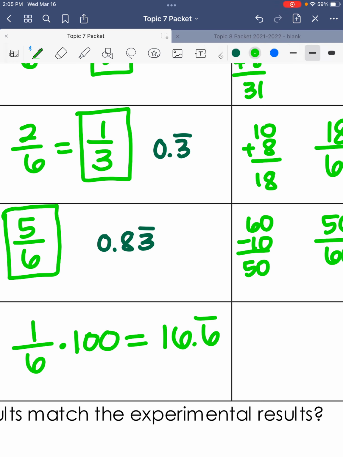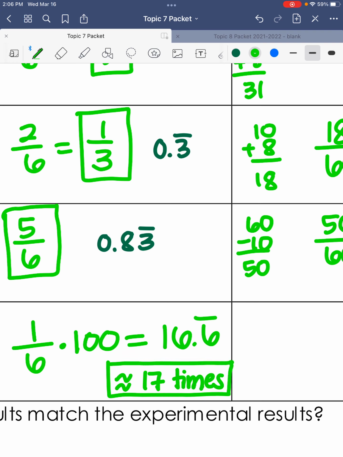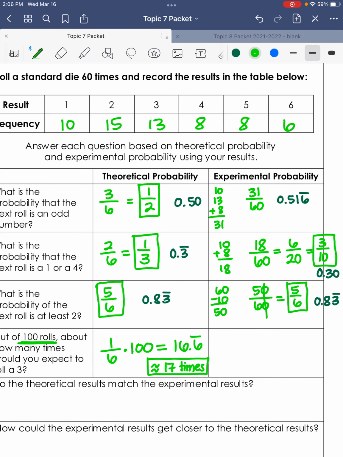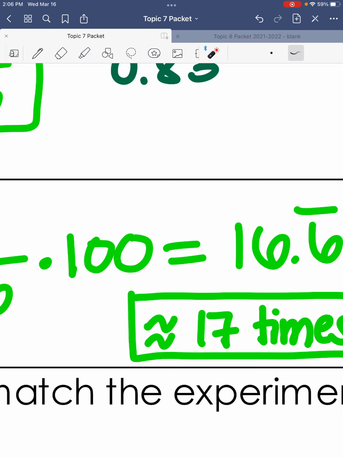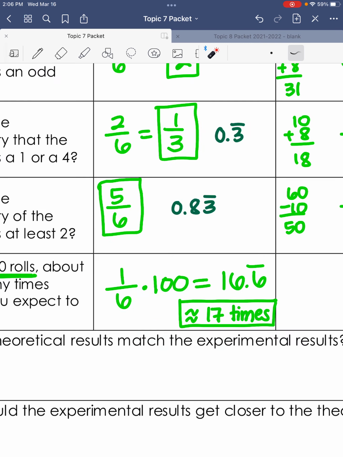So I would expect about 17 times to roll a 3. Okay? So based on the theoretical probability, I would expect to roll a 3 about 17 times. And I use this little squiggly equal sign because that means about.